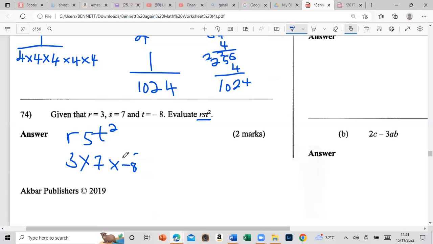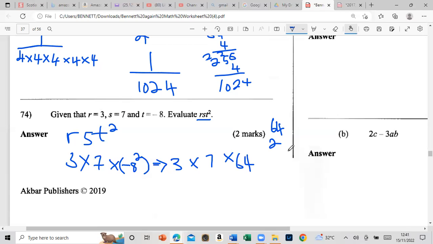Again, we do this part first. Negative 8 squared is 64. A negative times a negative is positive. And then 3 times 7 is 21. So let's quickly put 21 times 64.